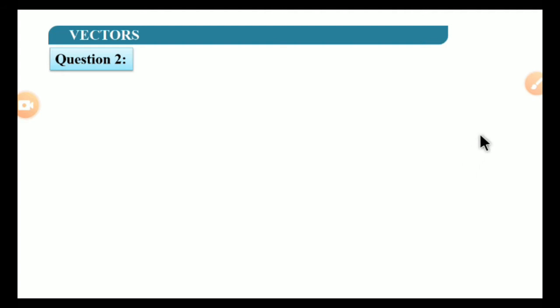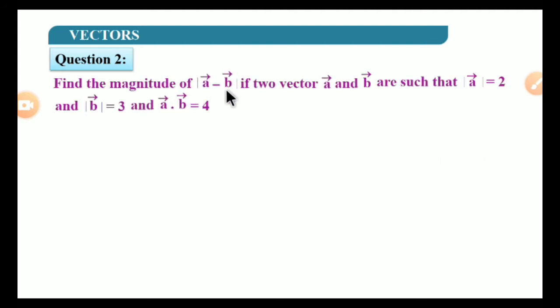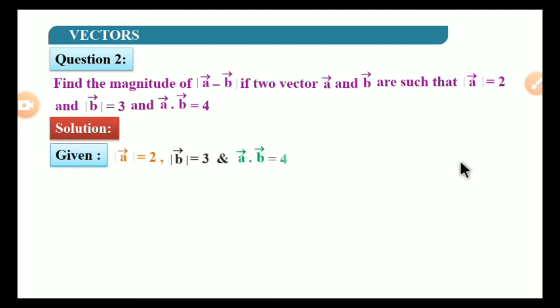Question number 2. Find the magnitude of A minus B if two vectors A and B are such that the magnitude of A is equal to 2, the magnitude of B is equal to 3, and A · B is equal to 4. For the solution, the given data is the magnitude of A is equal to 2, the magnitude of B is equal to 3 and A · B is equal to 4.